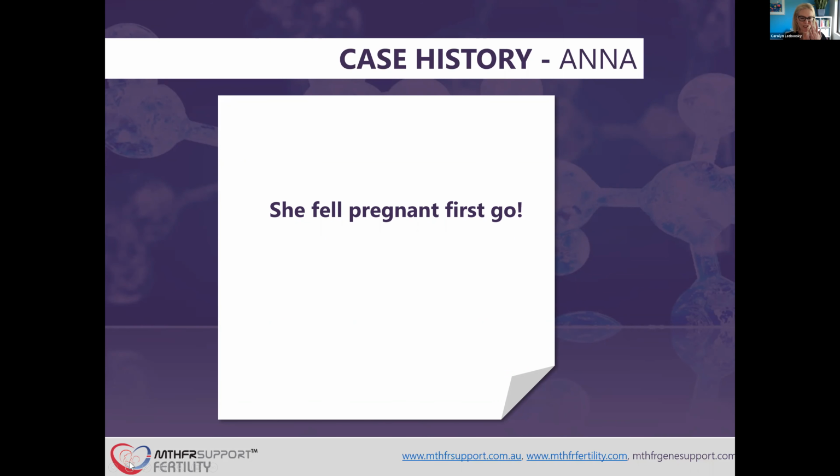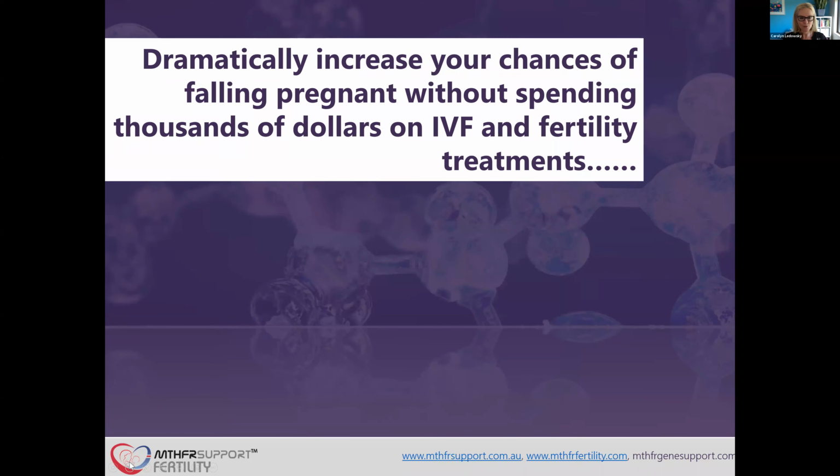And I said to her, what do you mean first go? Well, she said, my husband's in the army. He had to go off on tour. And so we literally had a honeymoon. I was fertile at that time, and I'm pregnant. And she had the easiest pregnancy. And she's gone on to have multiple kids. So you can really dramatically increase your chance of falling pregnant without spending thousands on IVF.